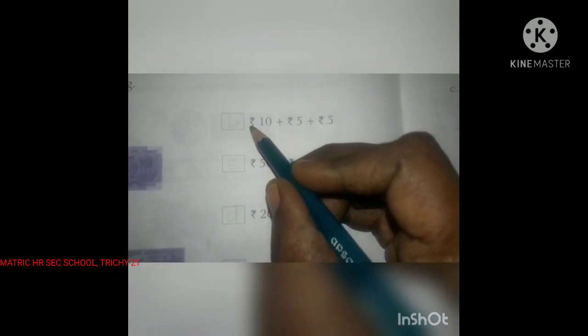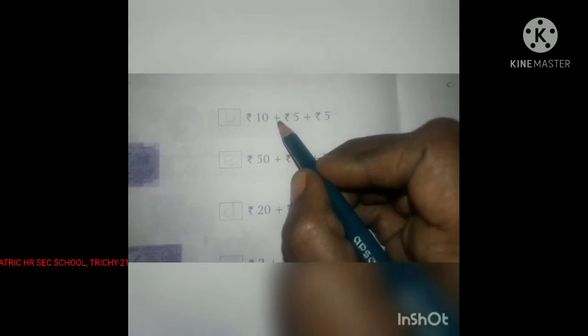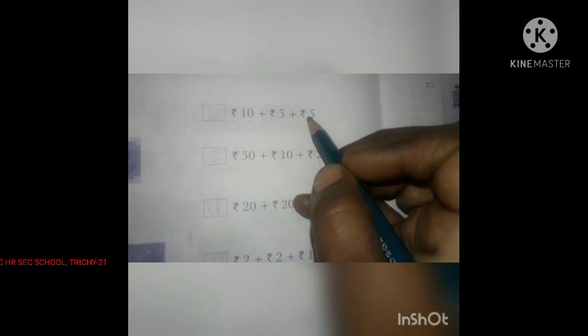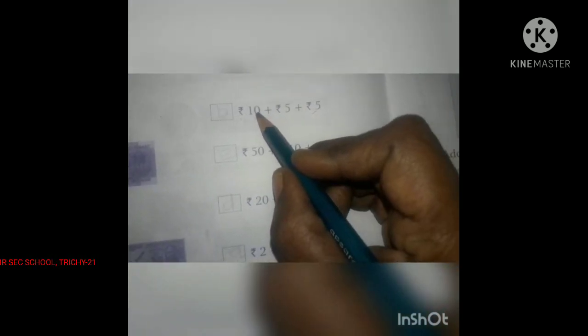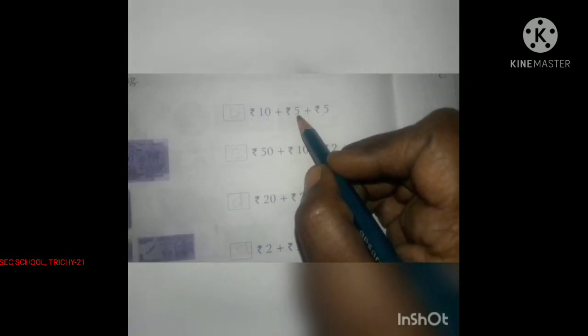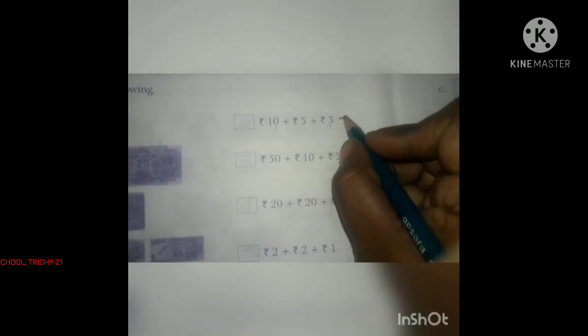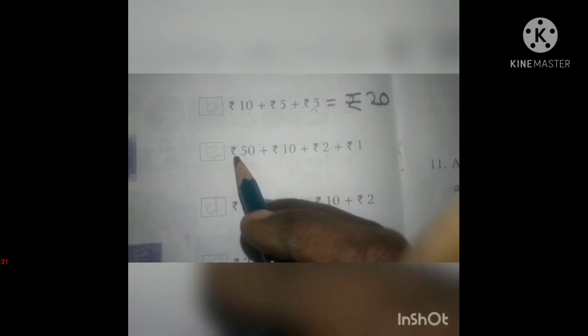See the first one: rupees 10 plus rupees 5 plus rupees 5. So totally how much? 10 plus 5 is 15, 15 plus 5 is 20. So here totally rupees 20 is present.